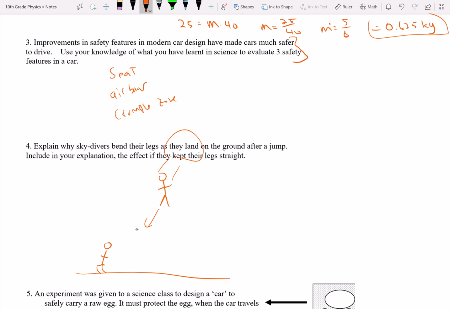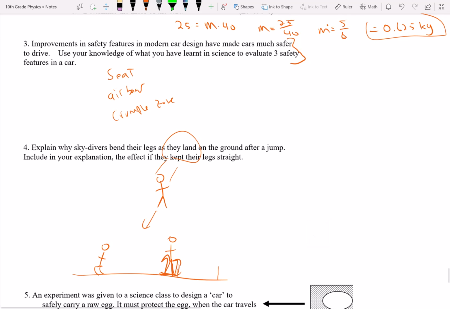Well, imagine you came down just straight on your legs like this, right? Well, if your legs are straight, then all that force occurs at one instant, right? Like you hit the ground and all that force goes directly into your legs in a very small amount of time. If you bend your legs, you're absorbing some of that energy by increasing the time in which you're in contact with the ground, right?